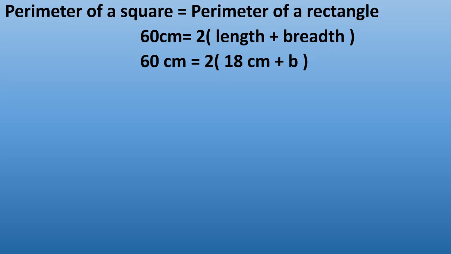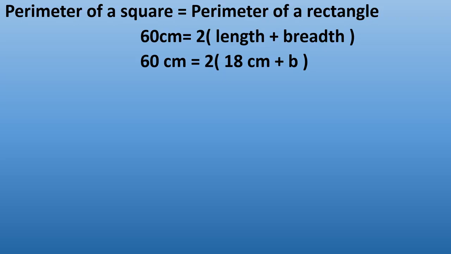It is 2 bracket length plus breadth. I have written only the formula in place of that. Now from length and breadth, only one side is given to us, that is 18 centimeter. I am taking that as the length. So 60 centimeter is equal to 2 bracket 18 centimeter plus breadth.